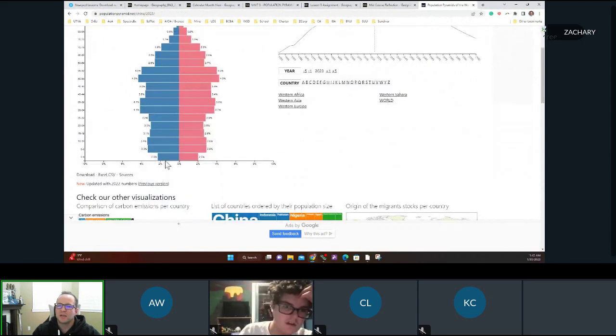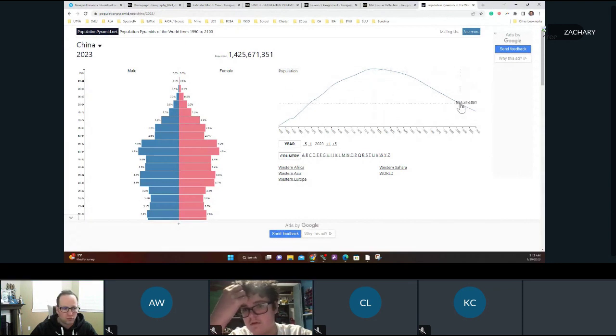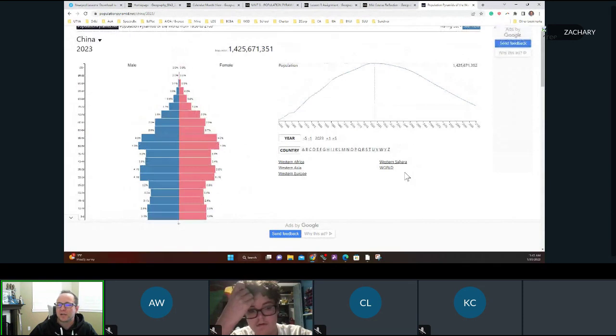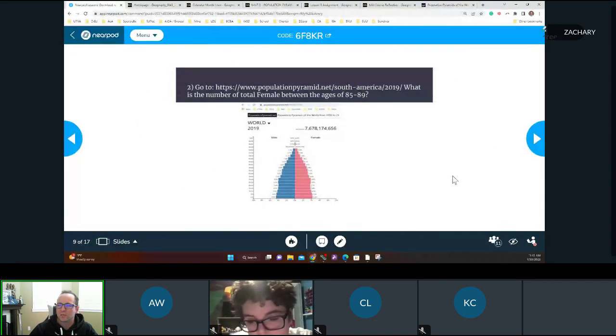But as you can see here, their one-child policy has not been very good because they're hitting their peak of people right now, and they're going to start diminishing as a population dramatically over the next quite a while, where their population is just going to decrease. Okay. And if you don't have people, right, you don't have a government, you don't have a country. So this is something they're kind of worried about. So it's interesting how you can look at populations and see how this works.